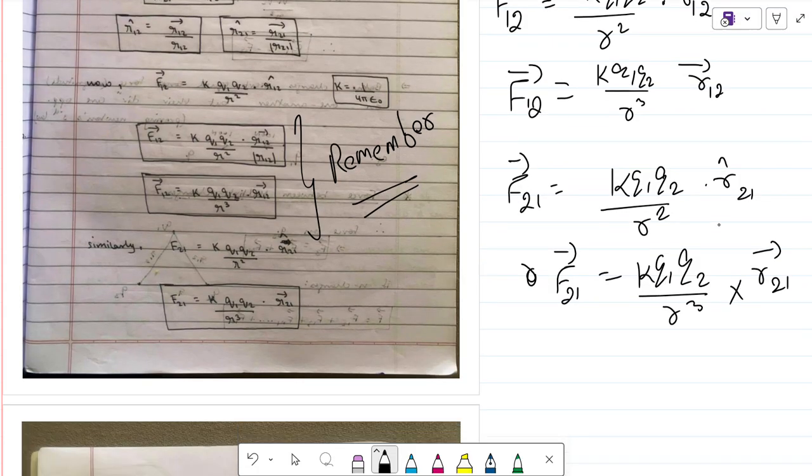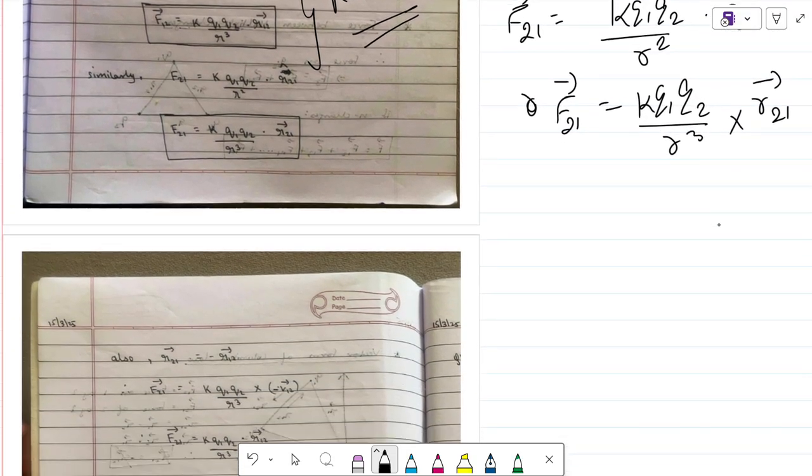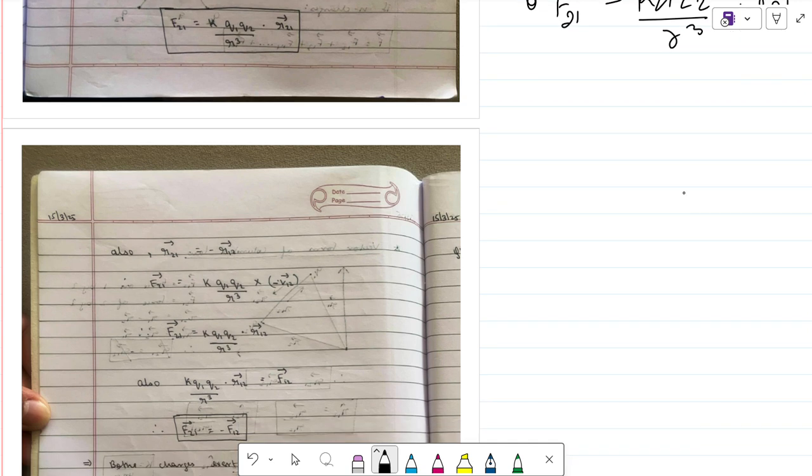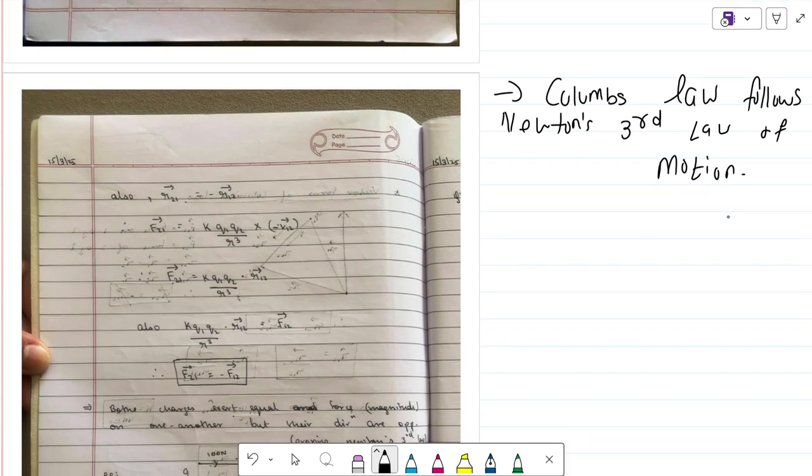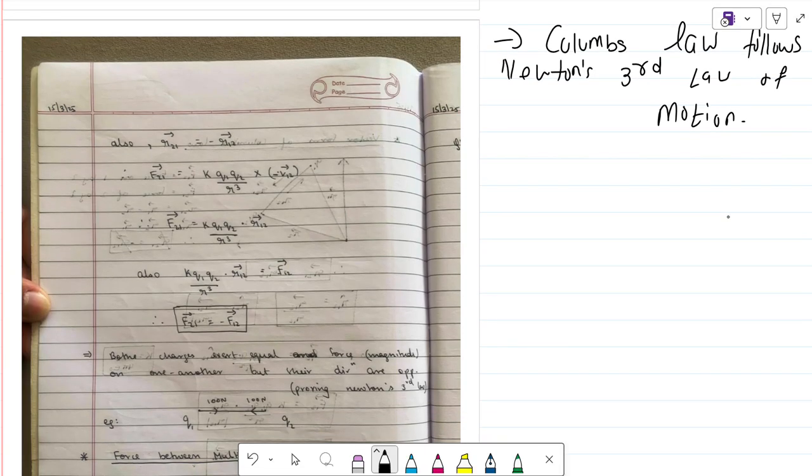Now, one more thing, that Coulomb's law follows Newton's third law of motion. Which is shown in the PDF also, in this equation.